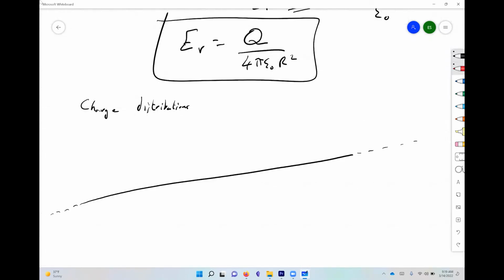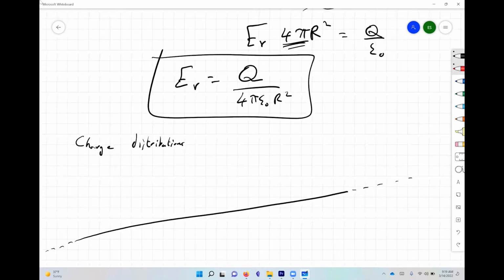This is a symmetrical problem, right? It has cylindrical symmetry. Unlike a point, where it has spherical symmetry, meaning I can look at the point from any direction and it's going to be fully symmetrical, here I lose some of the symmetry, but there's still a high degree of symmetry, because if I have a line, I can rotate along the line, and the problem is still going to be symmetrical.